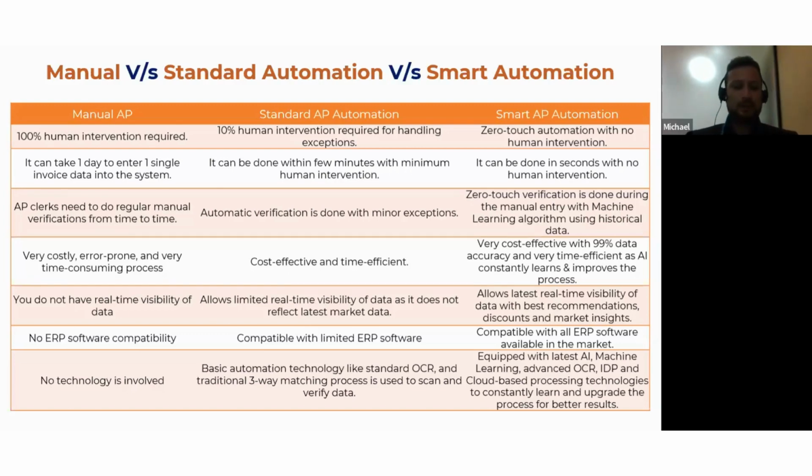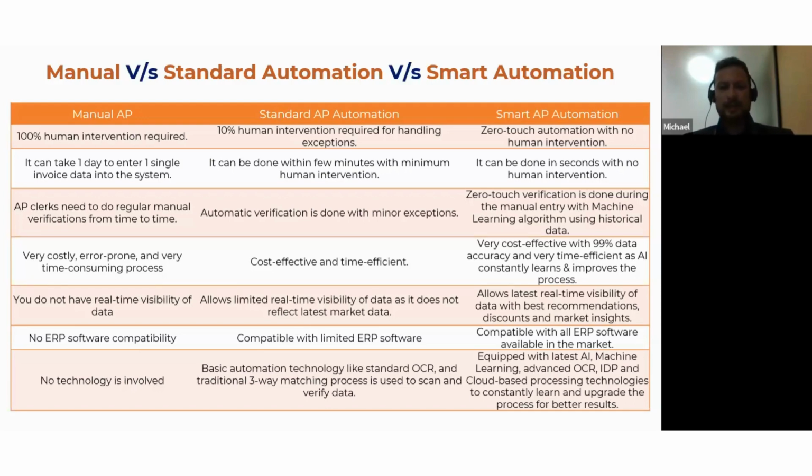And talking about the cost side of things, right? The manual process, in spite of all its flaws, is still the most costly solution out there, because you, of course, require a lot of manpower, all right? And errors, if you guys are aware, errors in an AP process can cost a lot of time and money, right? And compare that to a partially automated process, it is cost effective and time efficient.